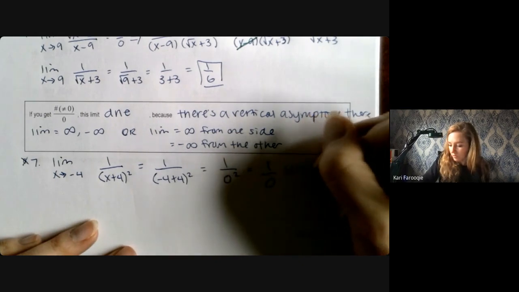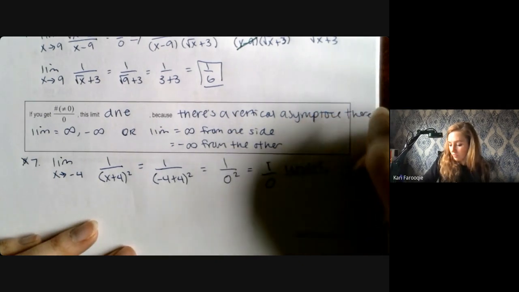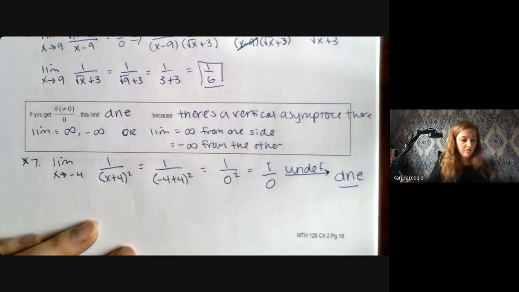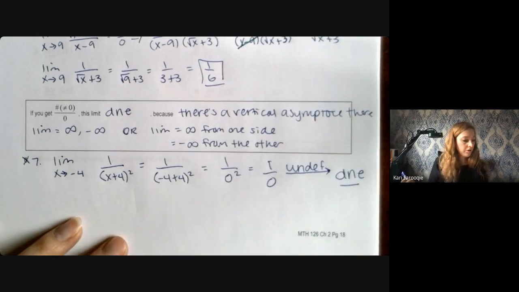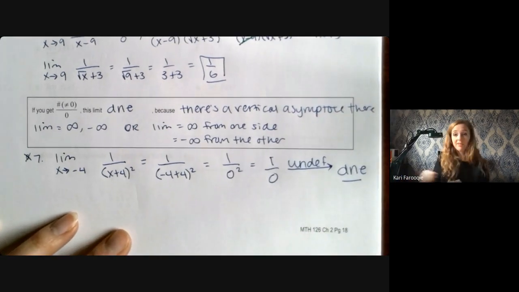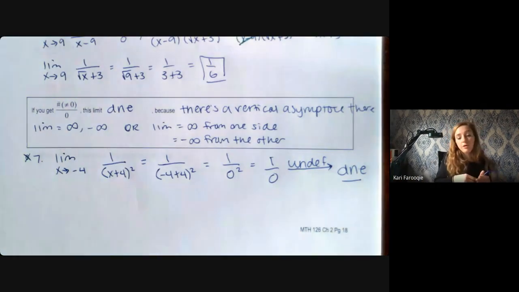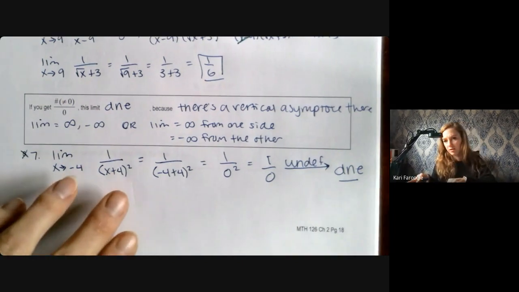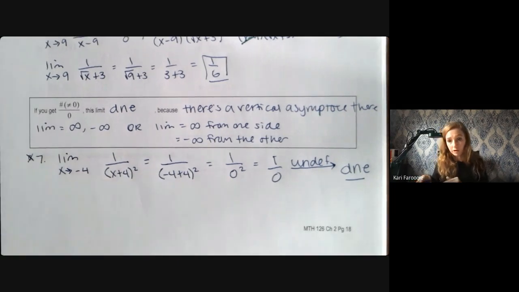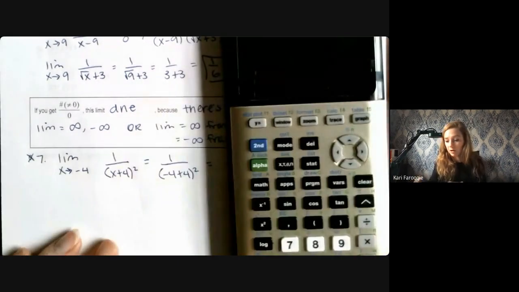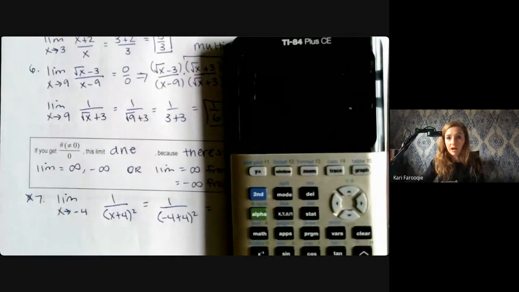You need to figure out, though, well, what is the limit? So if I just said find the limit, I want you to tell me what the limit is. If it's infinity or negative infinity, don't just say it doesn't exist, because in this case, there's a vertical asymptote. Something is happening there. We need to figure out what it is that's happening.